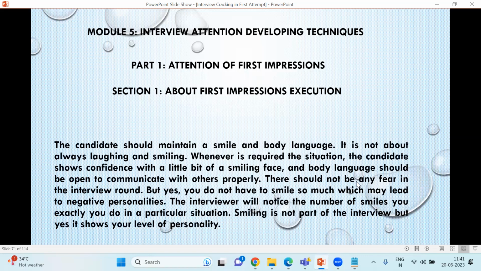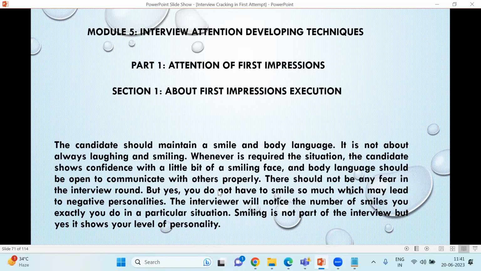There should not be any fear in the interview round, but you do not have to smile so much, which may lead to negative personalities. The interviewer will notice the number of smiles you make in a particular situation. Smiling is not a part of the interview, but it shows your level of personality.